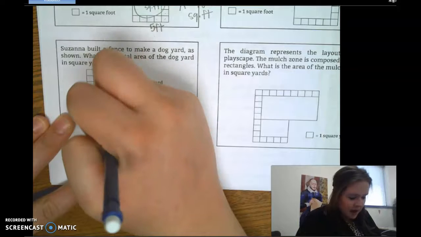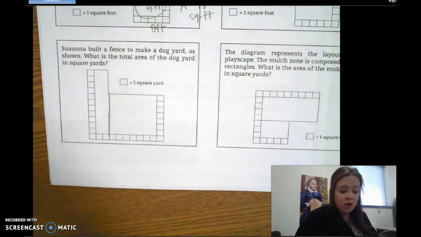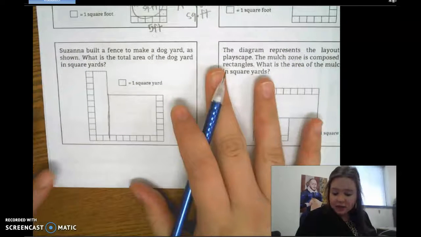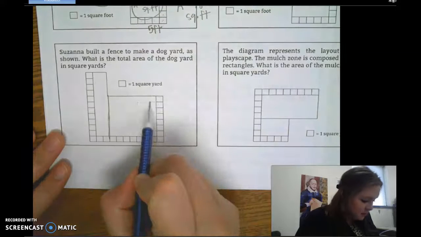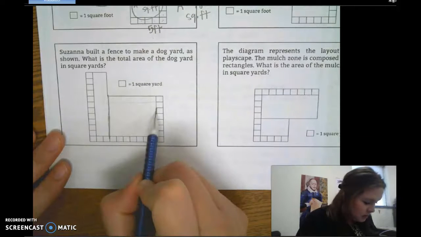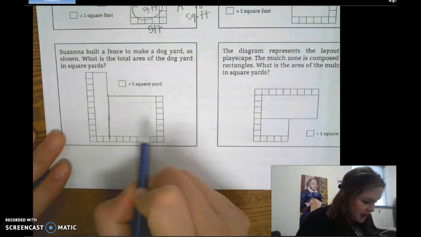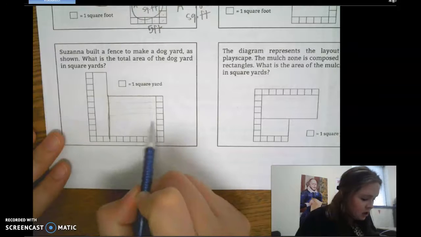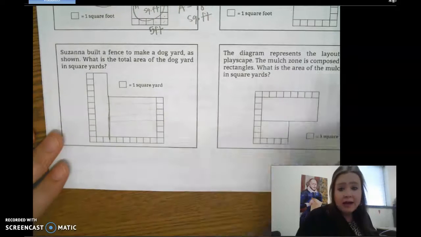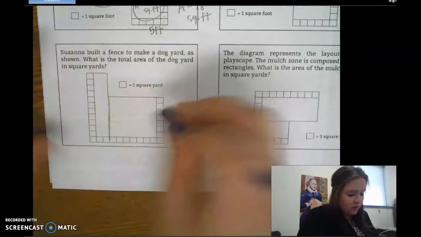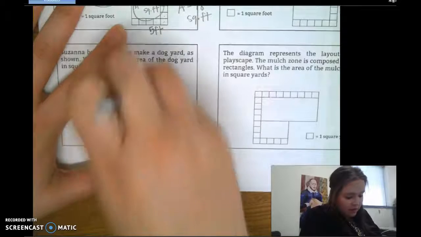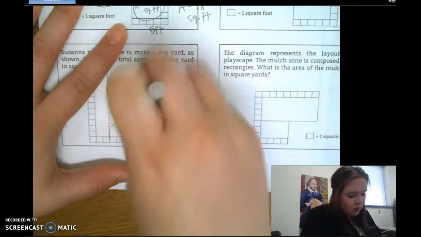Okay. I do not want to see you guys doing this. I do not want to see you creating a grid. We need to know that when we find the area, we multiply.